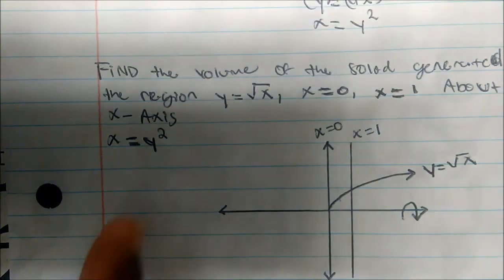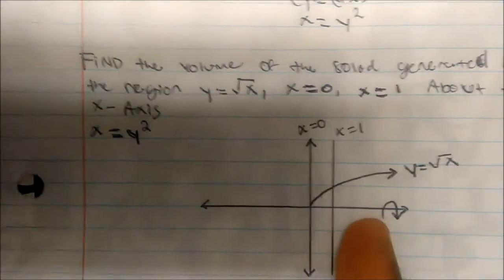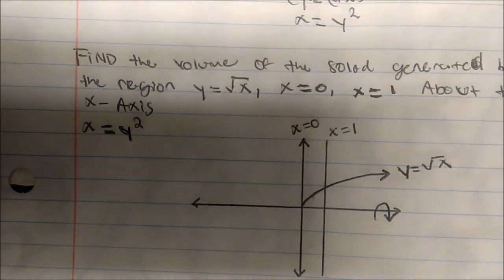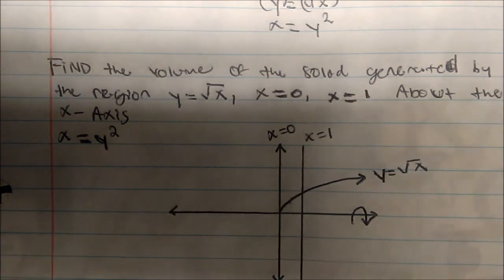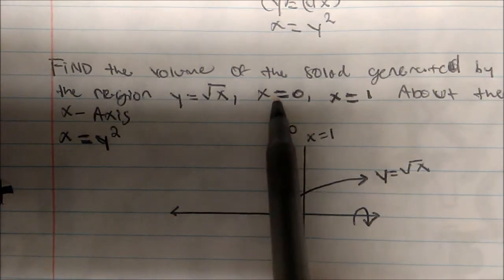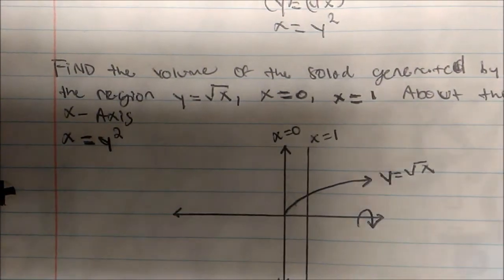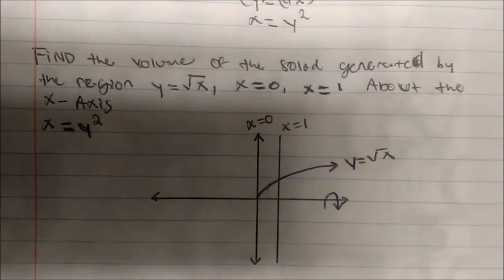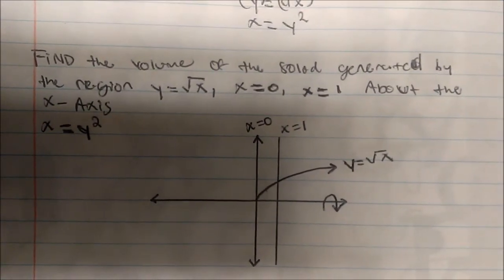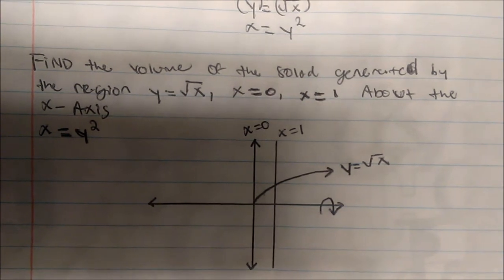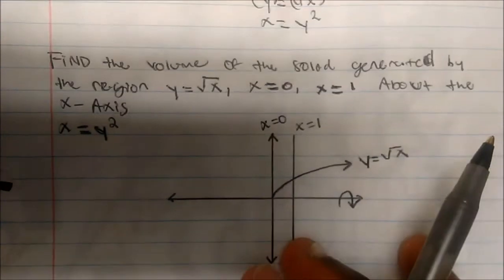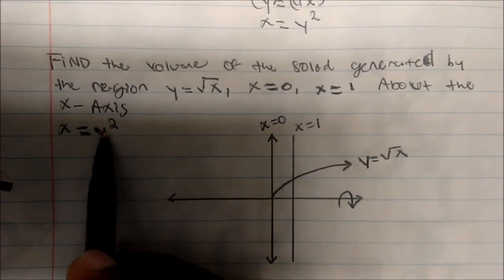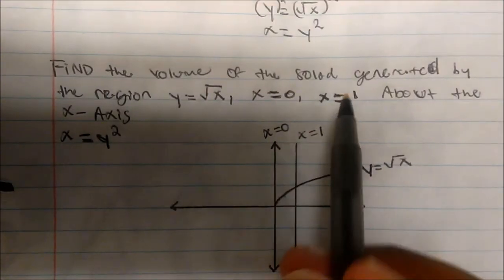Okay, because we're integrating with respect to y because we're rotating about the x-axis. And so if I'm looking at this, I have x is equal to 0 and x is equal to 1. Those are not my limits of integration with respect to y. So what I have to do is set y squared equal to 0 and y squared equal to 1.